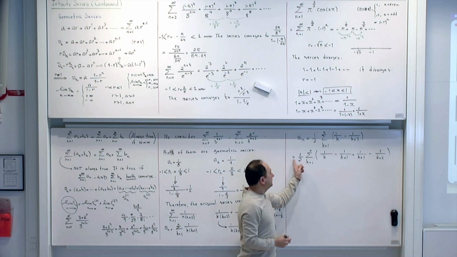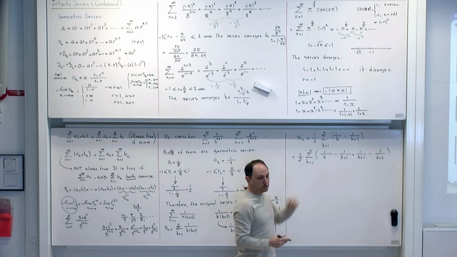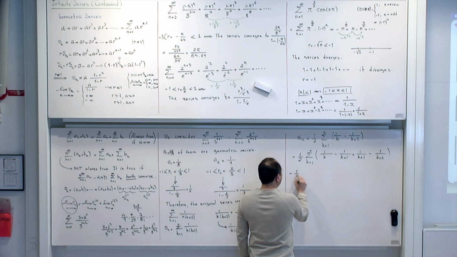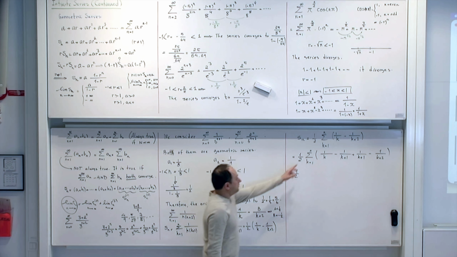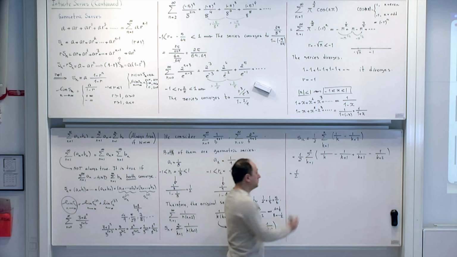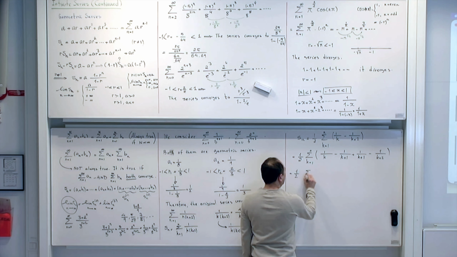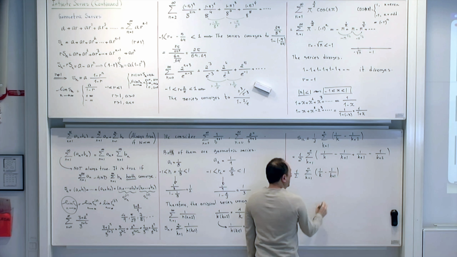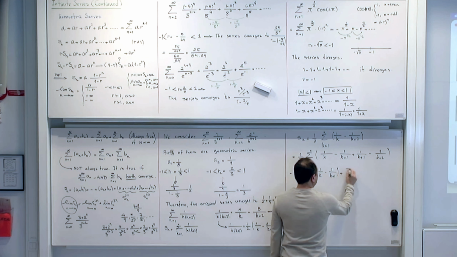But why is this beneficial? Because I can split this sigma into two sigmas, and this is a finite sum, so I don't even need to discuss convergence in this form. So I will write it as the sigma, k goes from 1 to n, of the first part, plus sigma of the second part.